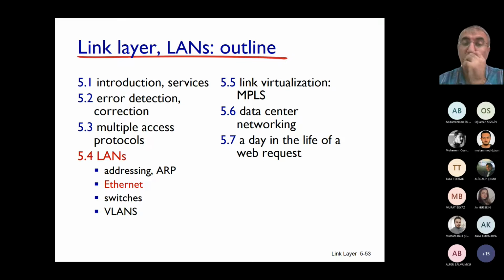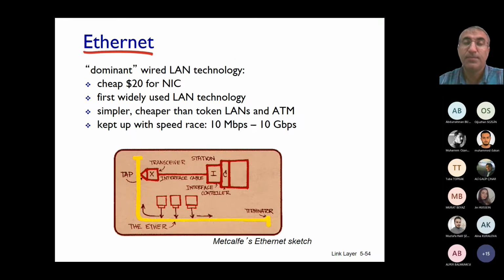Okay, one of the best and most popular technologies, sorry, is Ethernet. In terms of local area network technology, it is the most dominant wired LAN technology. The NIC costs about $20, which is cheap, and it is the first widely used LAN technology.